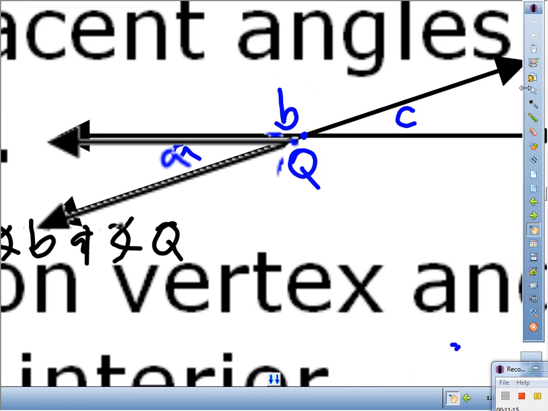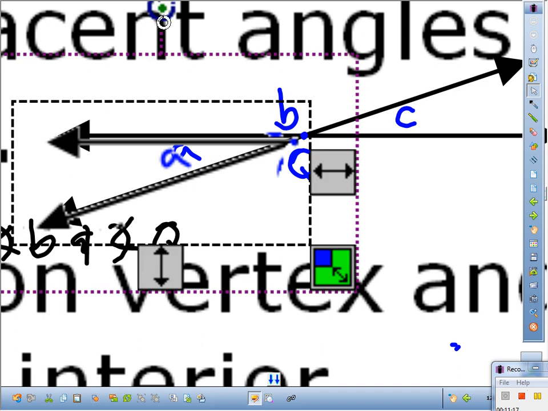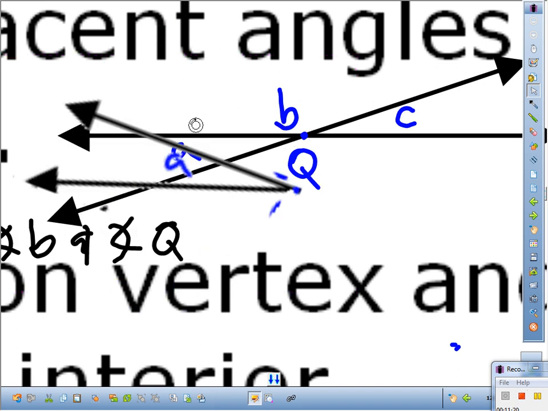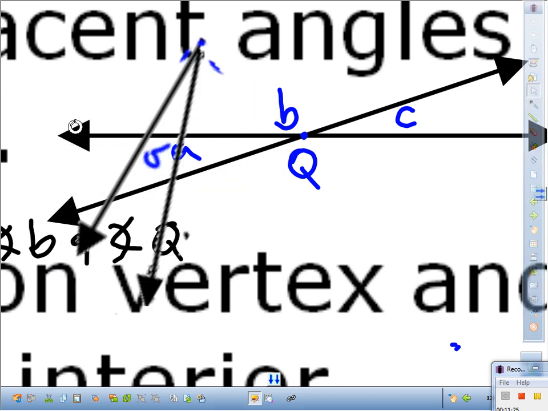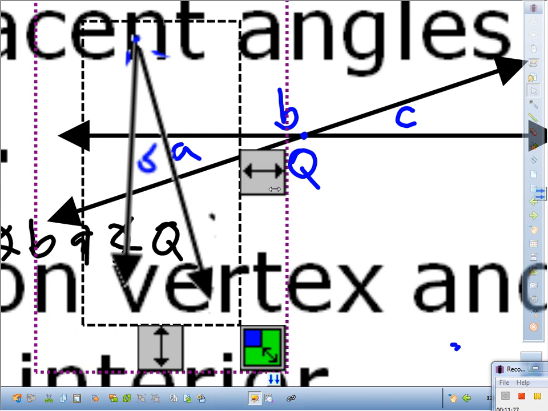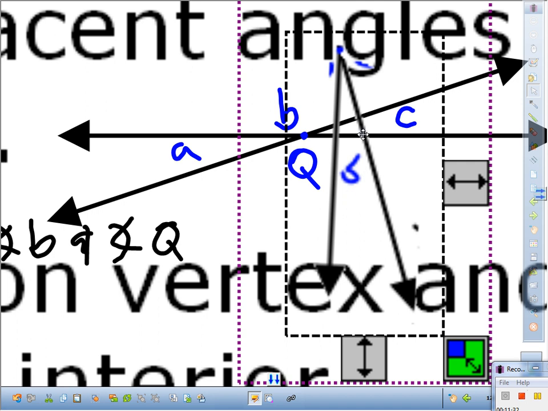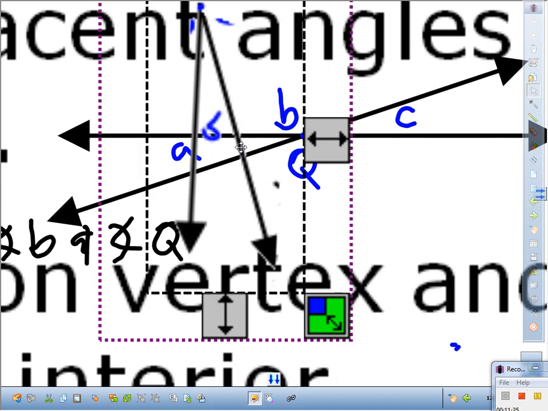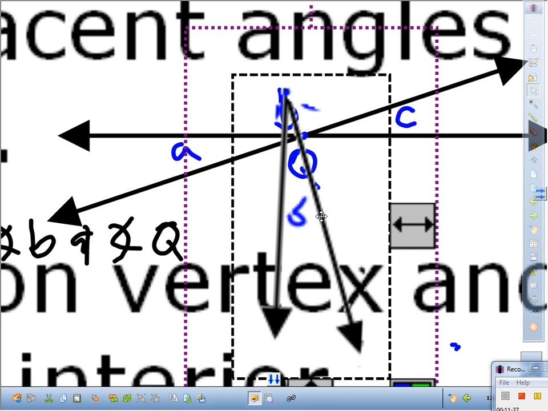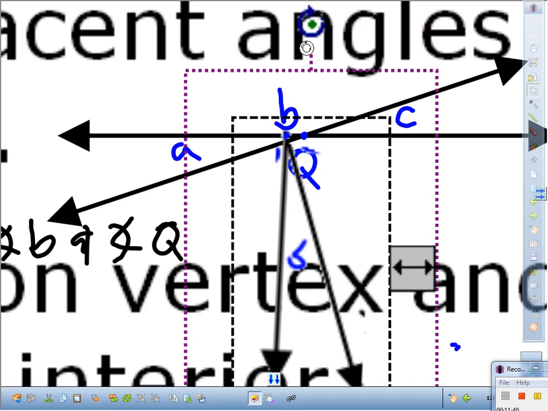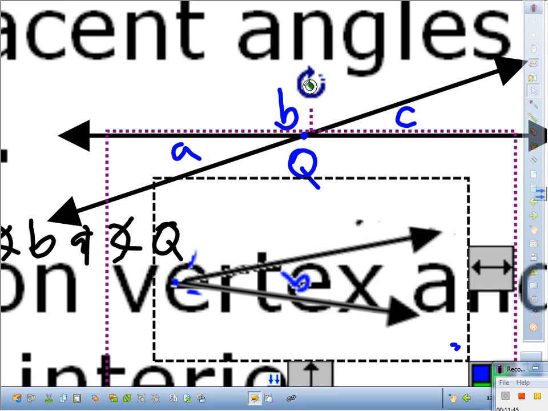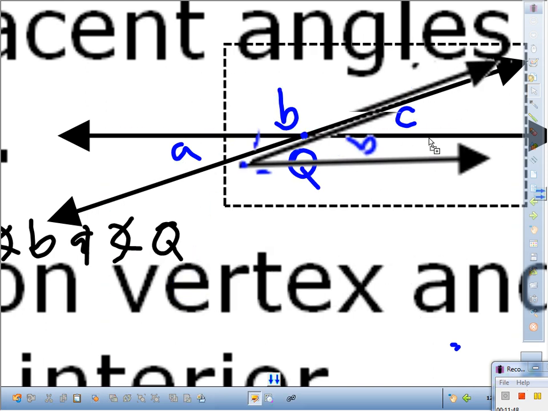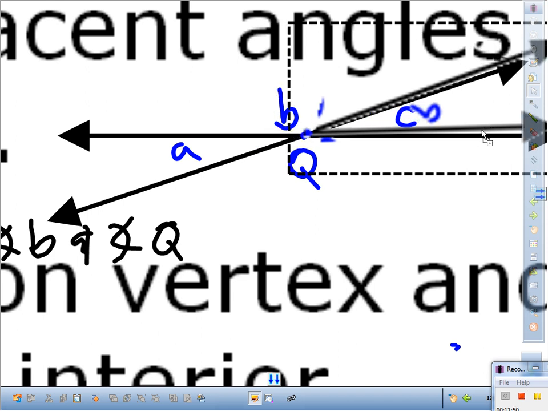All right, there's angle A. Look up, look up. There's angle A. I just turned it around, and what do you guys notice?